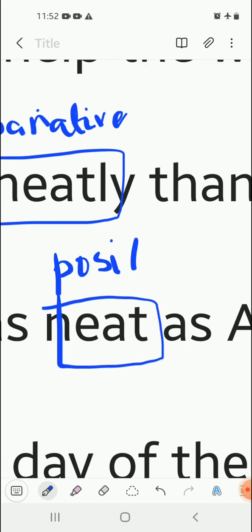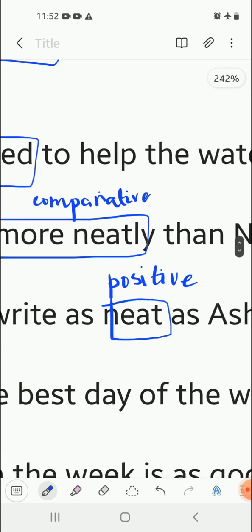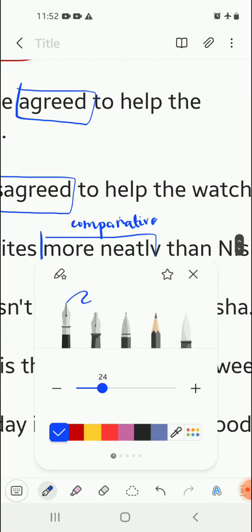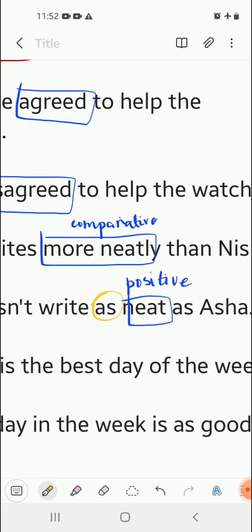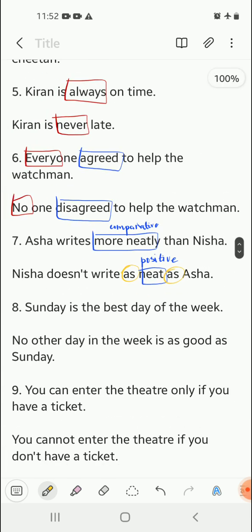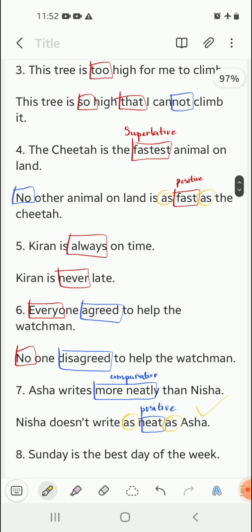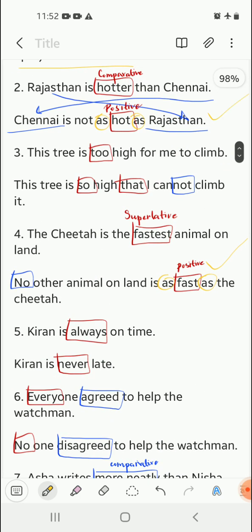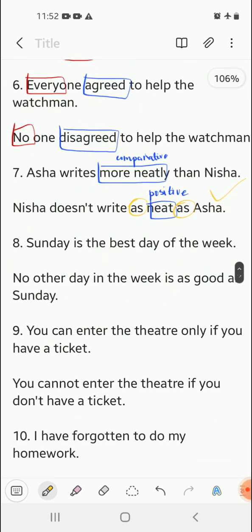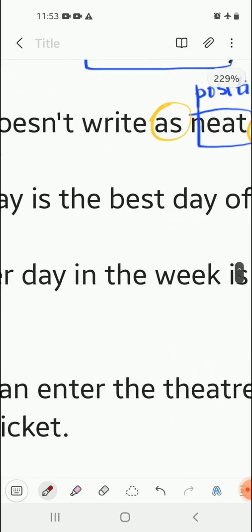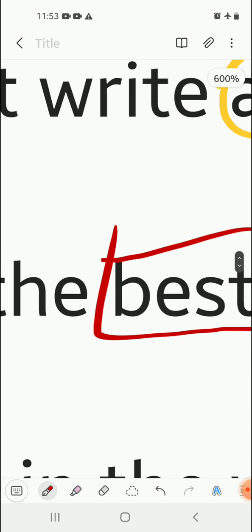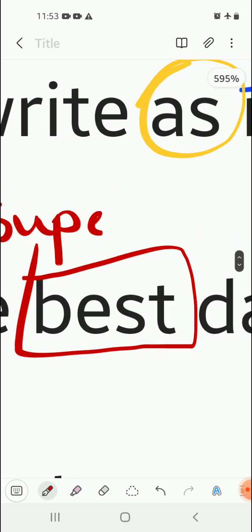And as I told you, if we are converting comparative and superlative sentences, then we have to use the positive degrees of those words, and in that case, as will be used on both sides of the positive degree. See, over here in number 7 this is done, also here it was done, again here in the sentence, the same thing. Next, moving on, number 8, Sunday is the best day of the week. Best is the superlative word. So again the superlative must be changed.